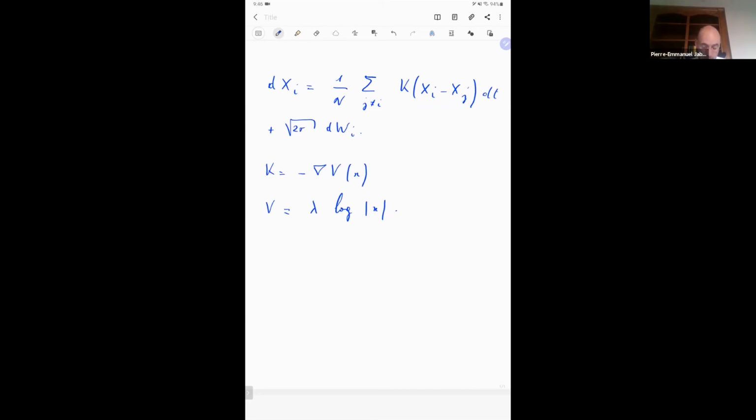So the first step for this is we have no idea what is going on at that level. And so the first thing is we're changing the point of view. So what we're doing is we're looking at the joint law, rho n of x1, ..., xn at time t.